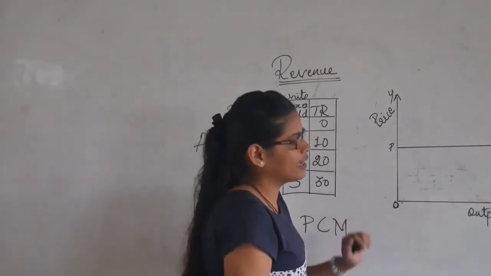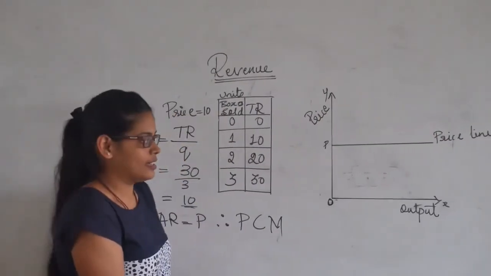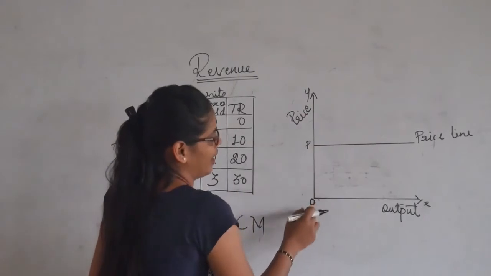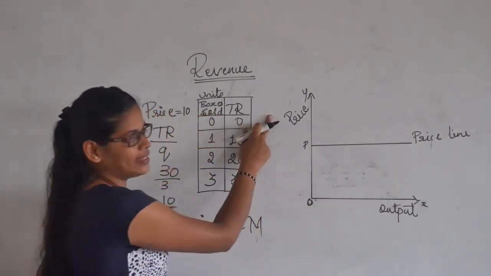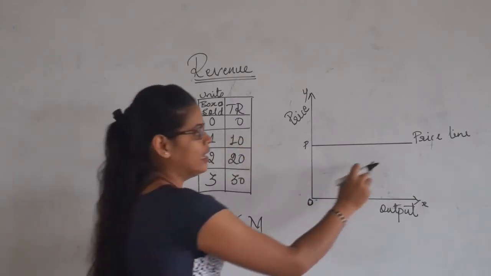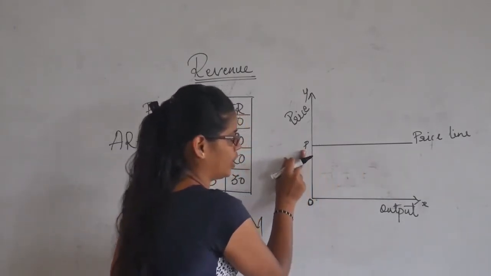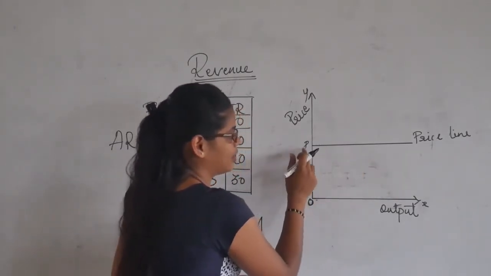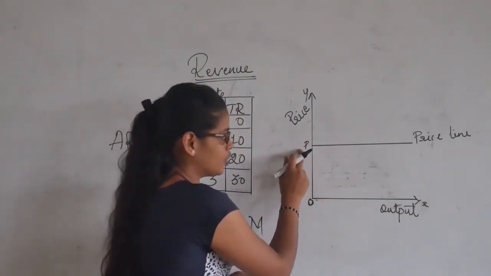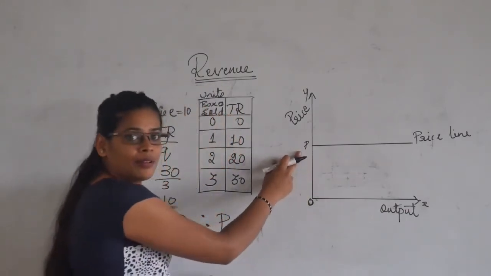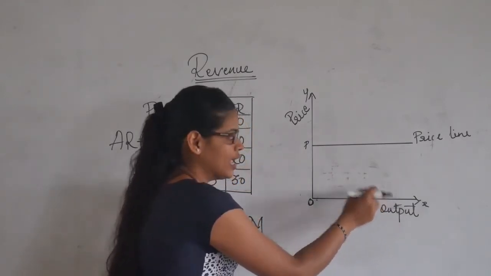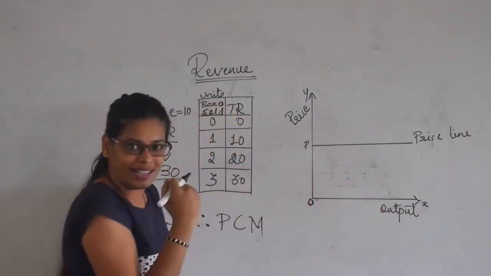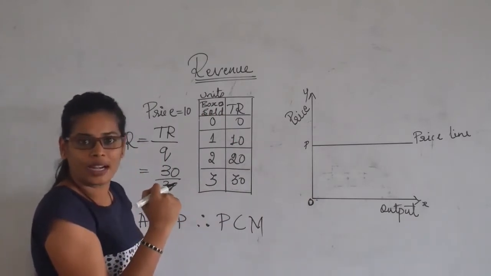Now coming to this graph, what is this graph telling us? See, this is the x-axis, which is talking about the output, and this is the y-axis, which is talking about the price. So this is the point at which the price is nothing but the market price, okay? So the firm may produce as much output as it wants at the market price, equal or less than the market price, right?